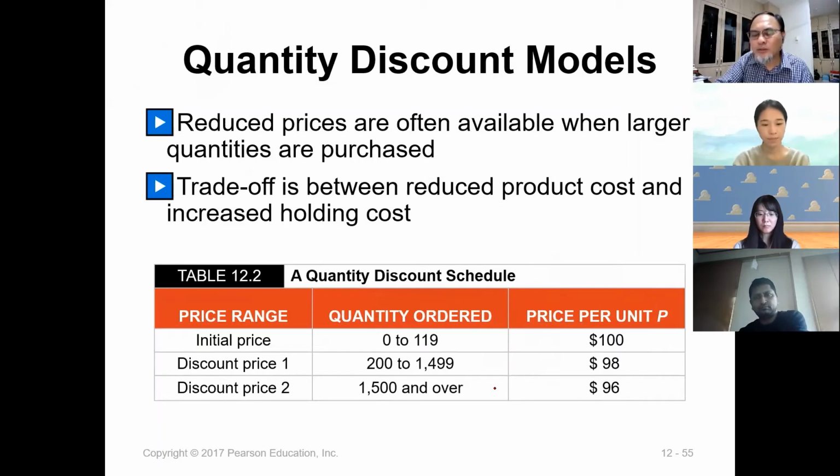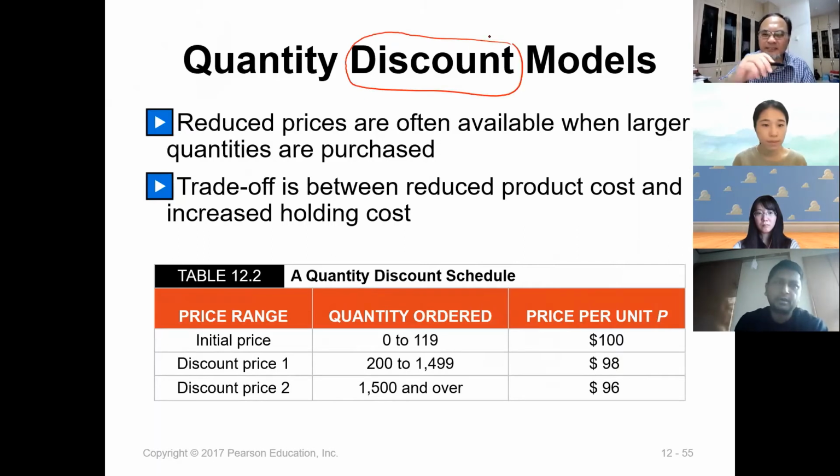Quantity discount. Do you know discount? Basically, what is discount? What do we mean by discount? Discount means actually less amount of the actual price. Lower than the actual price.